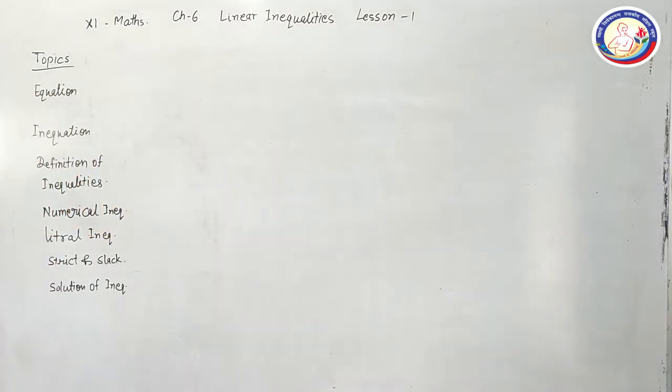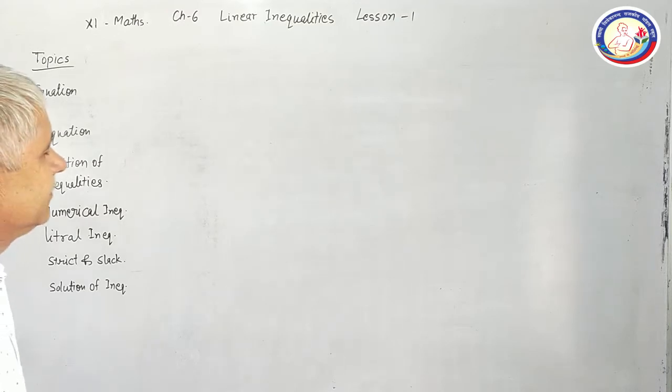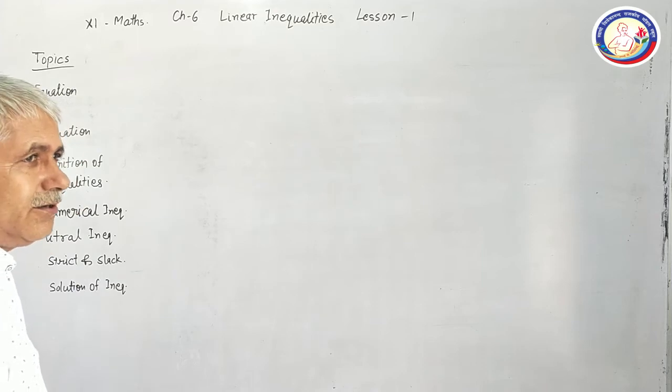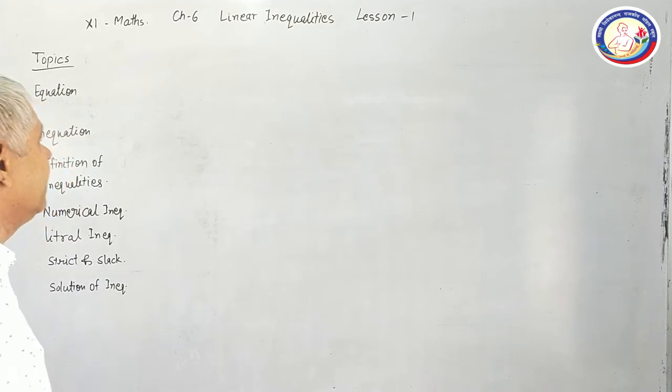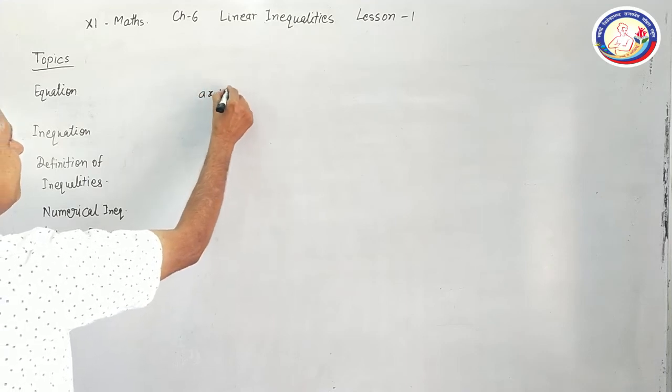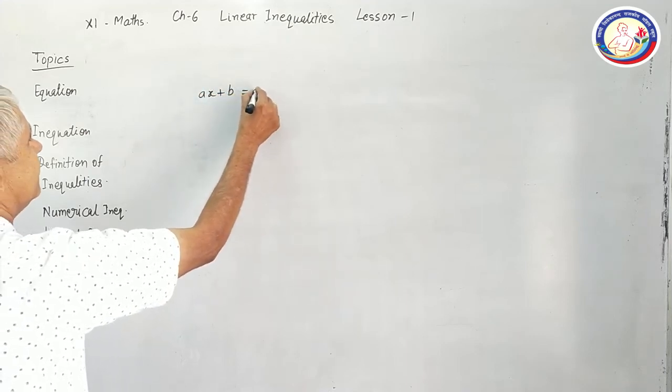Now we come to our main point. What is the solution of any inequation? Before this, we understand the method of solution of a linear equation. Just say we have an equation ax plus b equals 0.